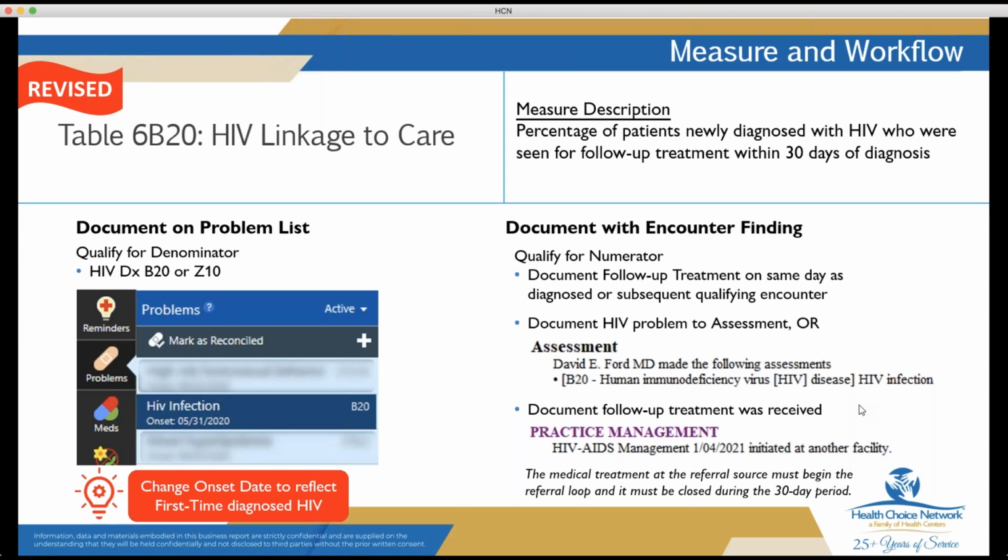Okay, you just want to make sure that when documenting that the HIV care had occurred from another facility, that this occurs within 30 days. And it's really important that the date is fully entered. The date format must be followed in order for that documentation to count towards the numerator.